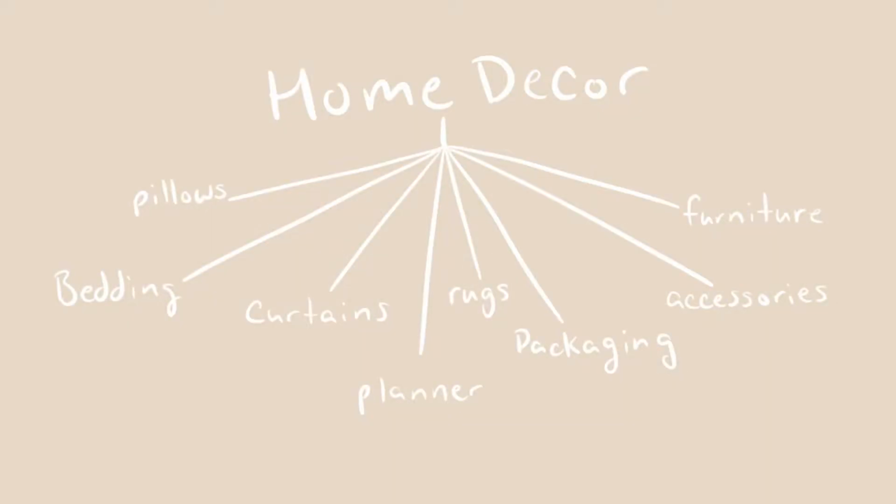So for me, I really like fashion and I really like home decor. So those are the two areas when I first started that I kind of looked at and wanted to see what each one offered. They also happen to be the biggest. In just home decor, there are spin-offs. You can do planners, you can do packaging, you can do toys.